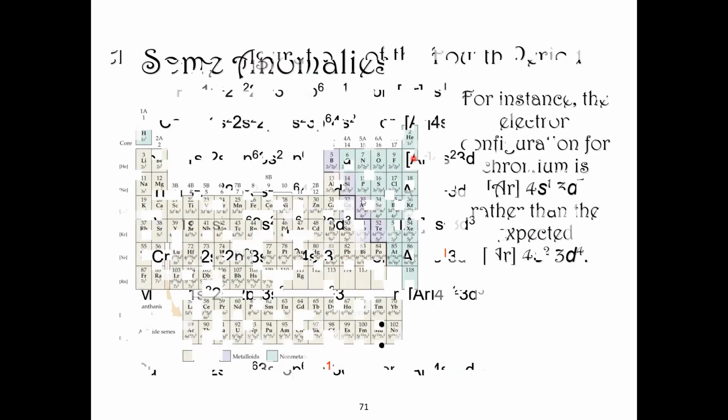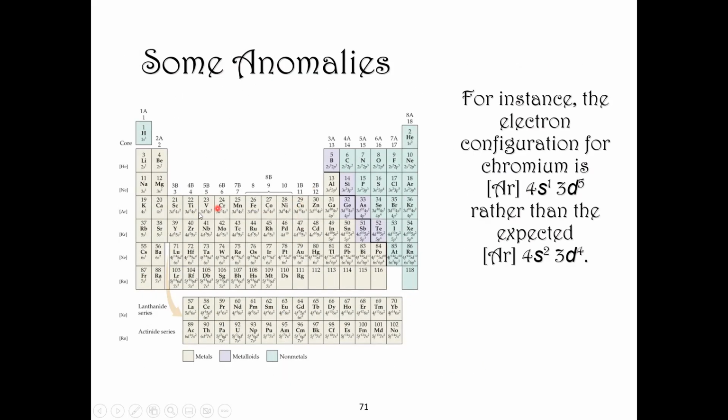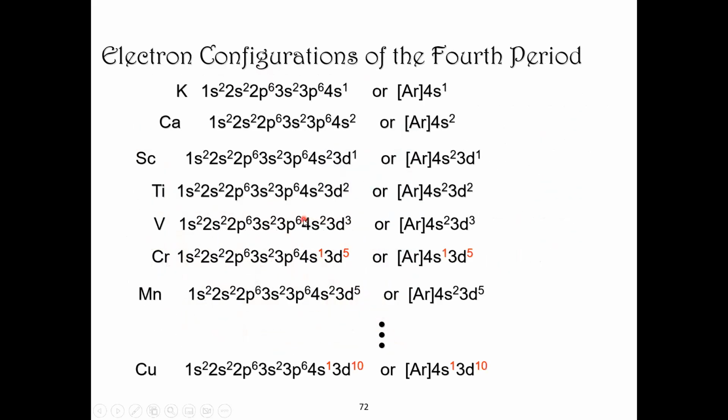And then the same thing with the copper. So if we look here, copper is 29. So you'd kind of expect it to be 4s2 and then 3d9. But if it was 4s2 and 3d9, it'd have a completely filled s orbital, and then a 90% filled d orbital, d subshell.